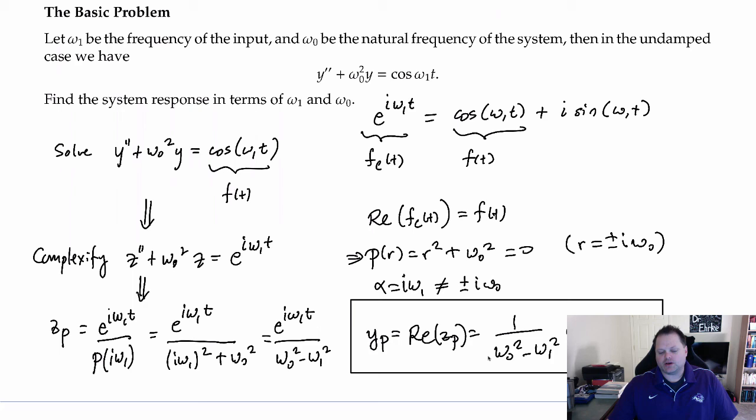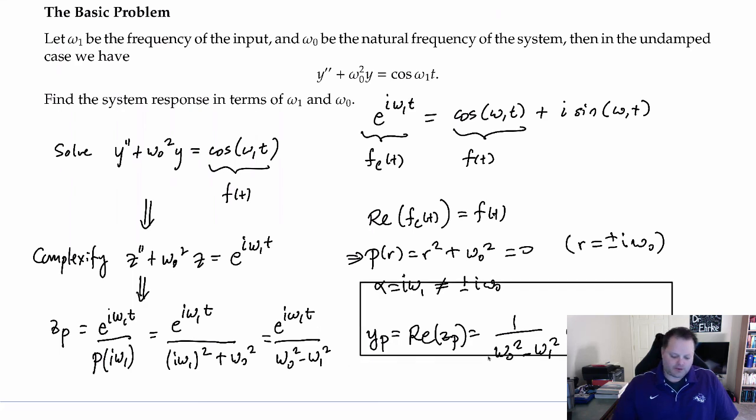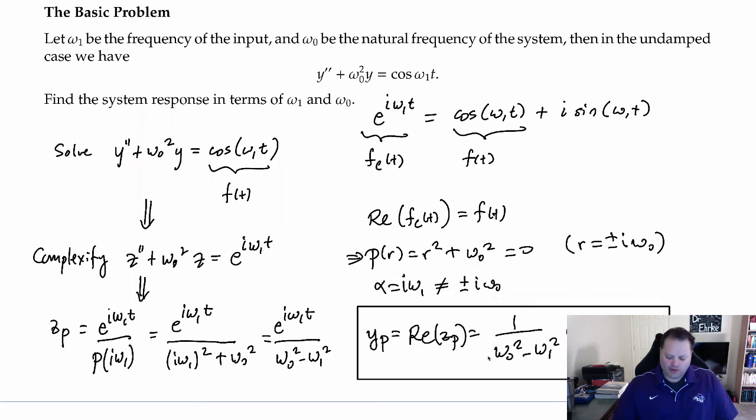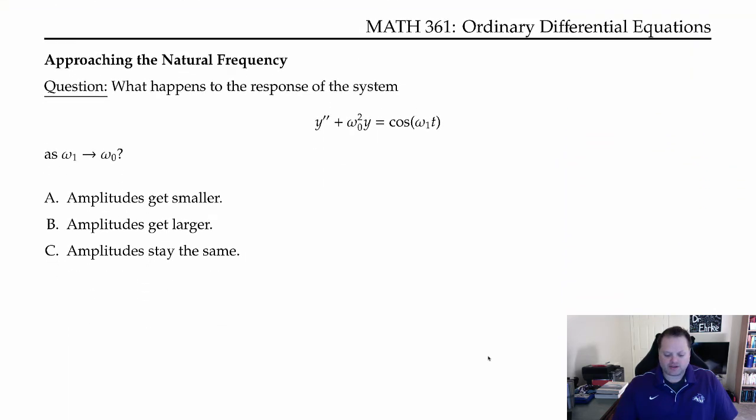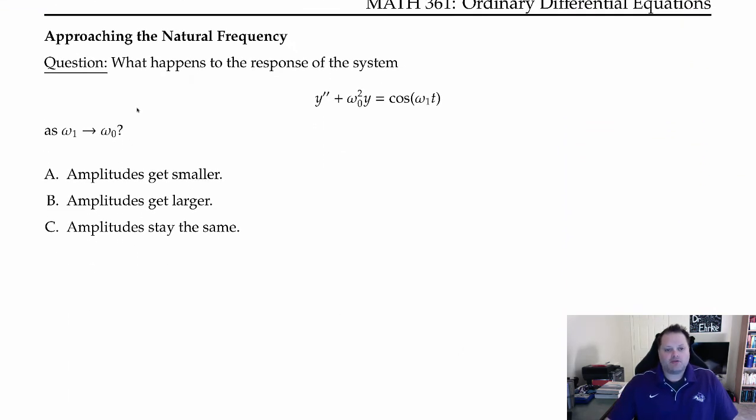So I'm pushing you with an amplitude of 1, but based on whatever my frequency is, that amplitude becomes altered. And the question that we want to go with here immediately following this is, if I look at the response of the system as omega 1 approaches omega naught, what is happening to the amplitudes?